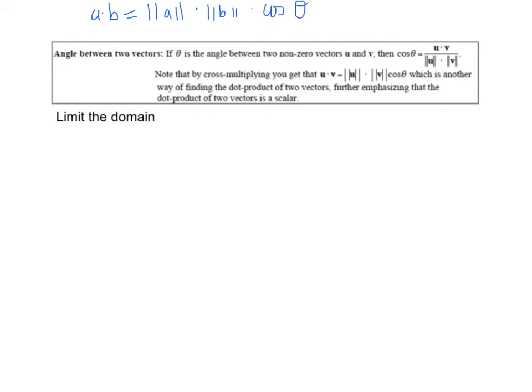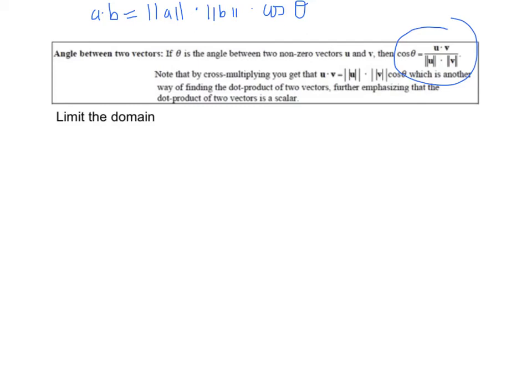If you solve for cosine theta, you end up with this equation. And this is dot product on the top, but it's multiply on the bottom. So it's u dot v on the top and here. All right, so this is looking at to see what the angle is in between.